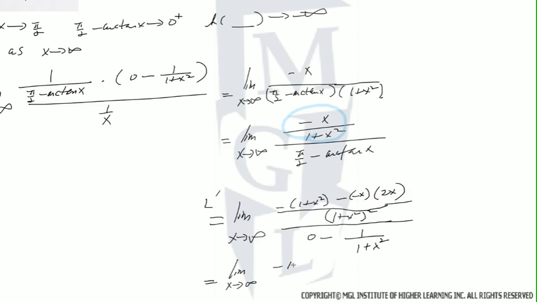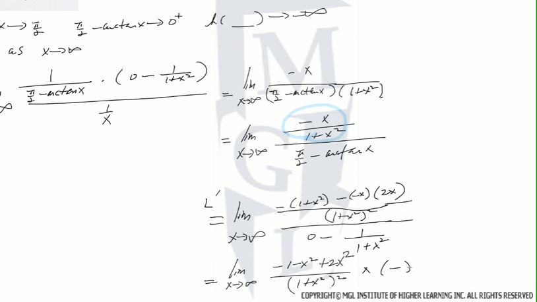We have minus 1 minus x squared minus minus will give you positive 2x squared all over 1 plus x squared squared, and this minus 1 over 1 plus x squared, same thing as times by negative of 1 plus x squared. So that'll reduce with that one, and this negative we can put at the front and multiply it into the top.